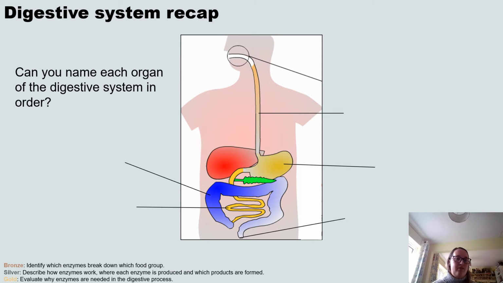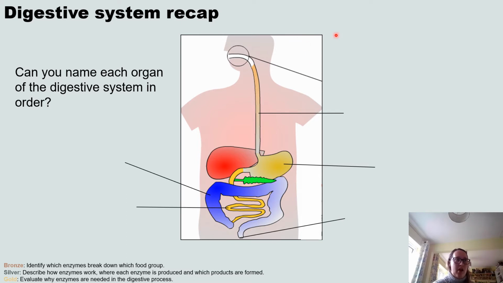Okay, so I'm going to give you 30 seconds just to jot down the names of each of these. So this is just a recap from way back to the first lesson. Can you name each organ of the digestive system in order? Starting with this one up here, then this one, then this one, this one, this one, and this one. So you can number them in your books and I'll know what you're on about. So 1, 2, 3, 4, 5, 6.